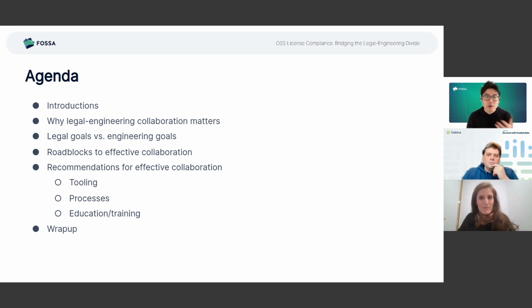We'll get into legal goals versus engineering goals and the differences and shared overlap between those two groups. We will cover roadblocks to effective collaboration and common challenges that we see in these programs. And then finally, we'll wrap up with recommendations for effective collaboration between tooling, process, and education.